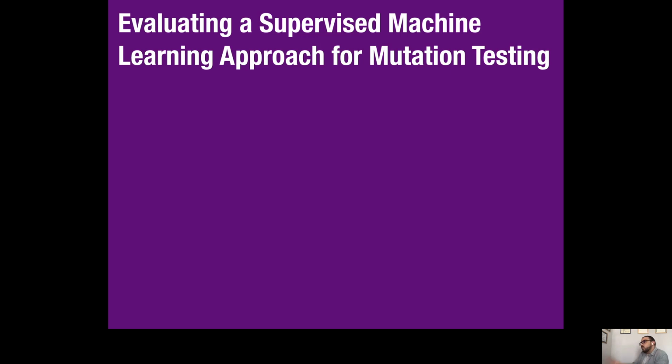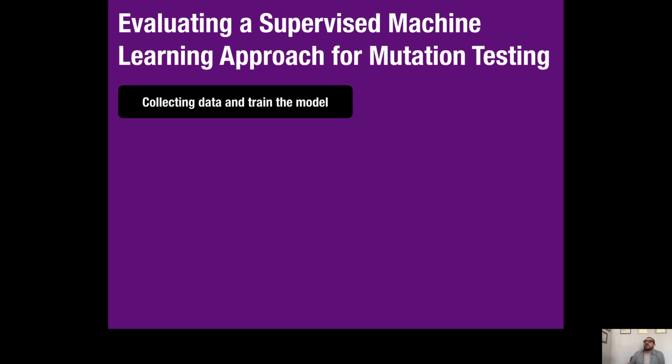And here, to evaluate the resulting model, the first thing to do is to collect enough data. Because we are talking of supervised machine learning approaches, which need to be fed with enough data in order to learn something.